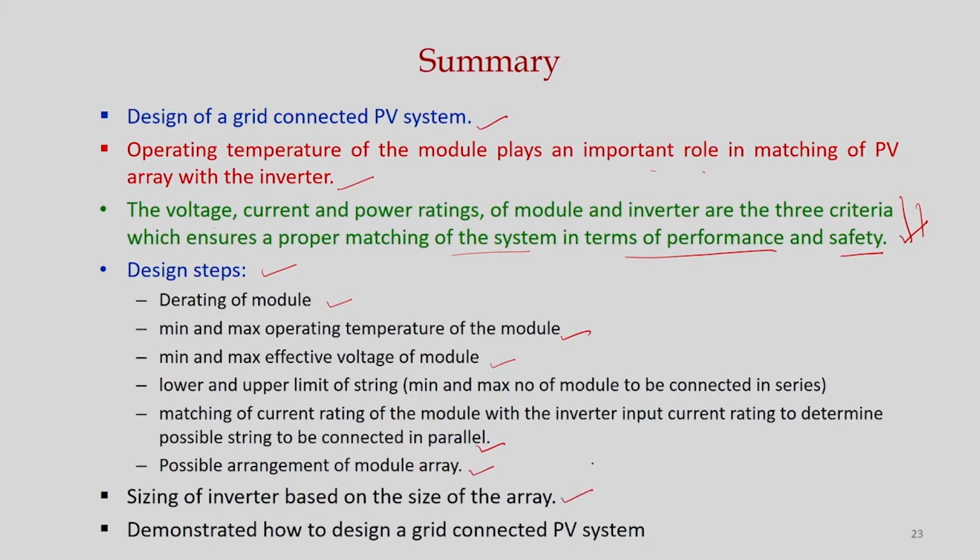We have also demonstrated how to design a grid connected PV system.